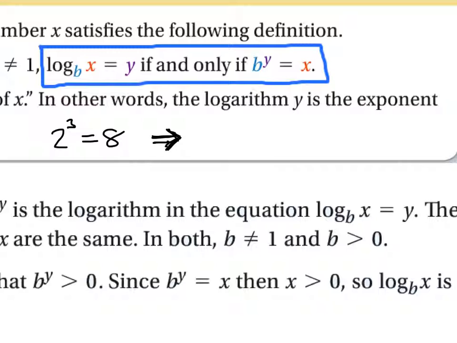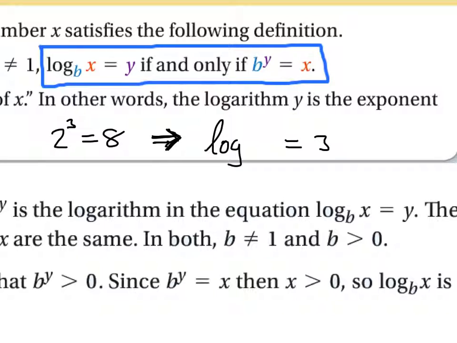Is in math means what? Is means equals. So if I'm writing this in logarithmic form, my log, leave yourself a little space because we're not done with that yet, is going to equal the exponent. Well, what was the exponent? 3.